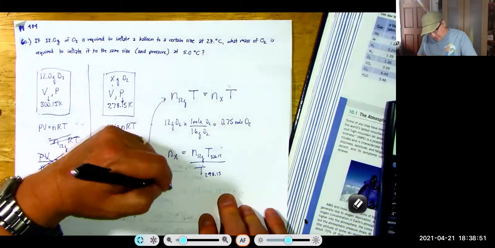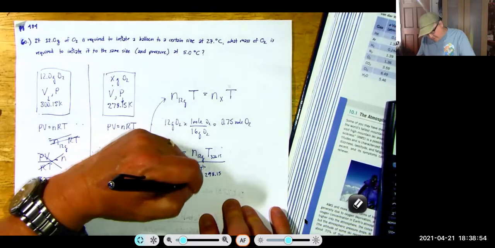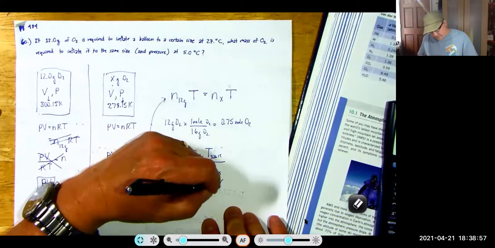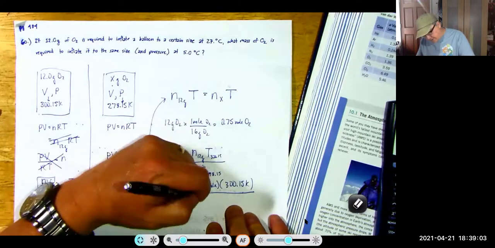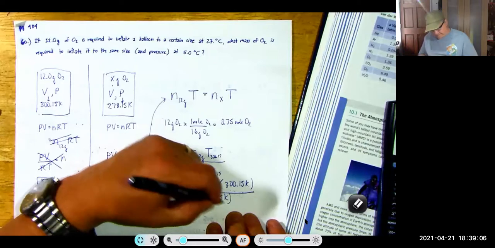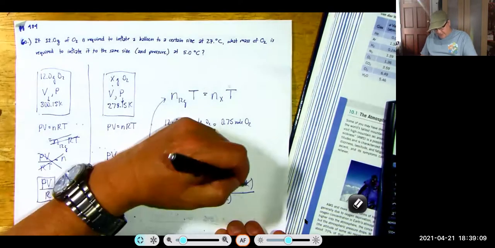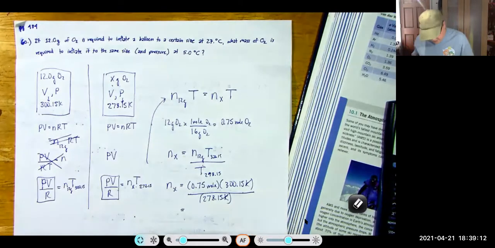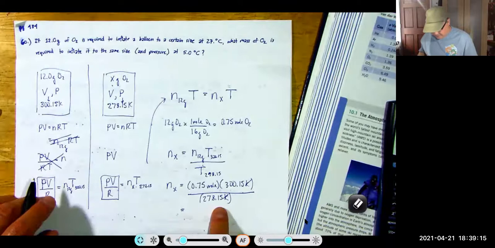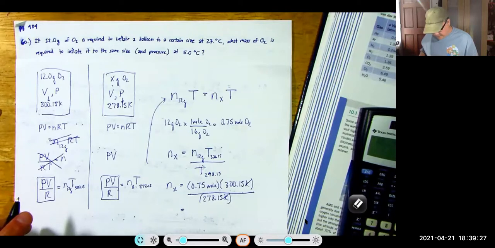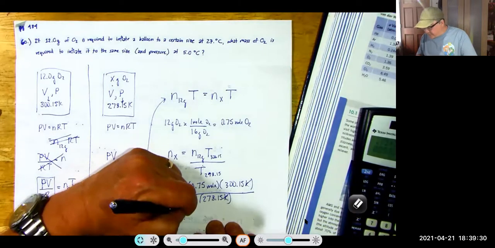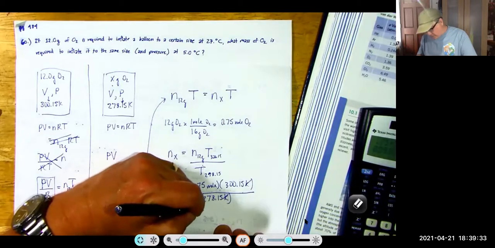So when we plug the numbers in here, we get 0.75 moles times 300.15 K over 278.15 K. Okay, so I'm going to cross the K's out, and we get the moles of oxygen are going to be, let's see, 0.75 times 300.15 divided by 278.15. So we're going to get 0.809 moles.